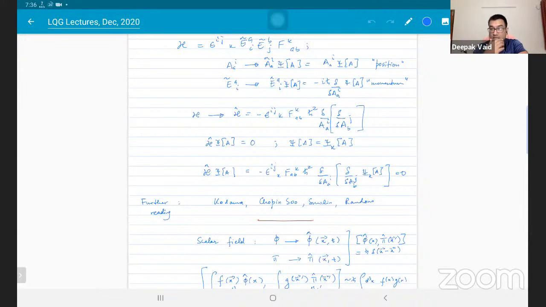There might have been more recent work I'm not aware of. But I think it kind of died off because it was not clear to people how to construct a geometry out of this. You can construct a state, but what is the spacetime interpretation of this state?